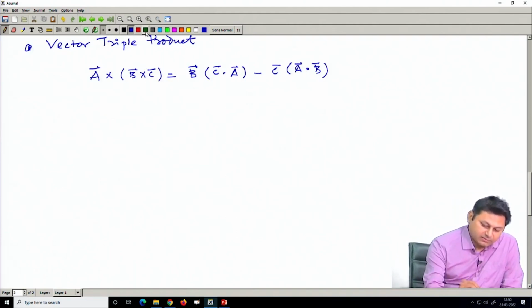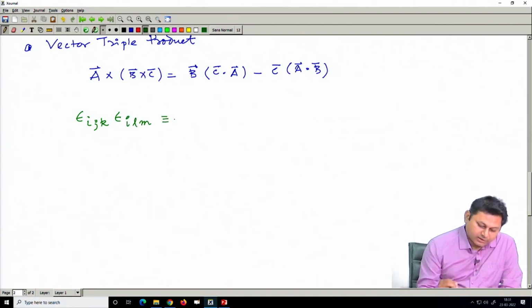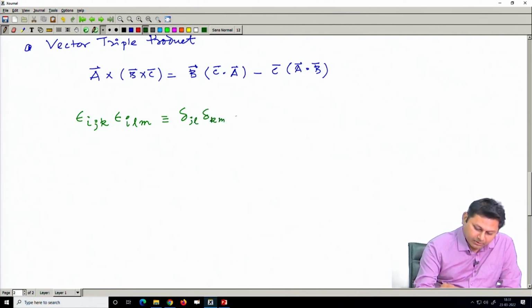You must remember this identity, a very, very useful identity, and that is epsilon_ijk multiplied by epsilon_ilm, which is equivalent to delta_jl delta_km minus delta_jm delta_kl.